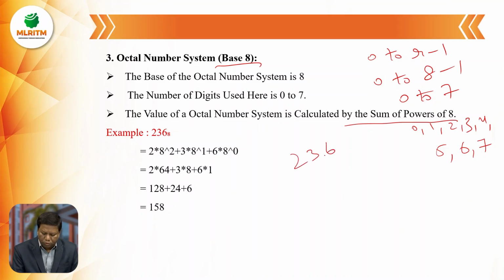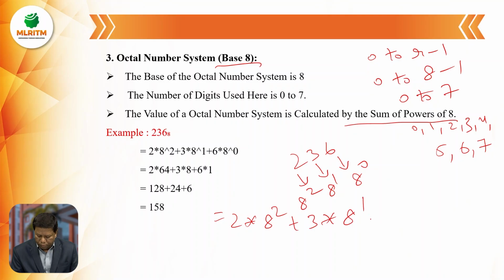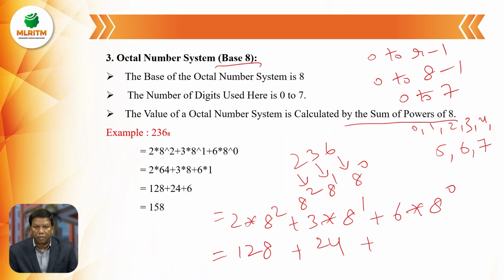Take 236 in powers of 8: 8 power 0, 8 power 1, 8 power 2. 2 into 8 square plus 3 into 8 power 1 plus 6 into 8 power 0. 8 square is 64, into 2 we will get 128, plus 3 into 8 is 24, plus 6 into 8 power 0 is 1, so you will get 6. 128 plus 24 plus 6, we will get the value 158.